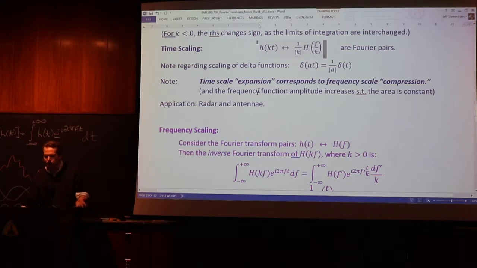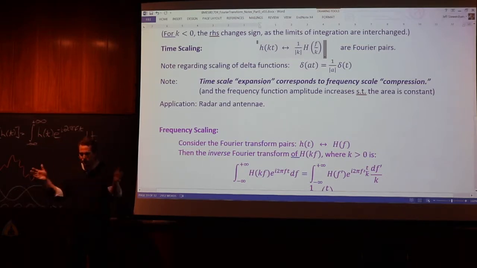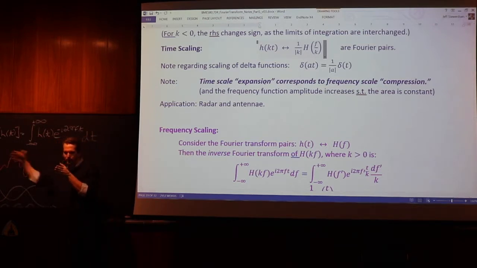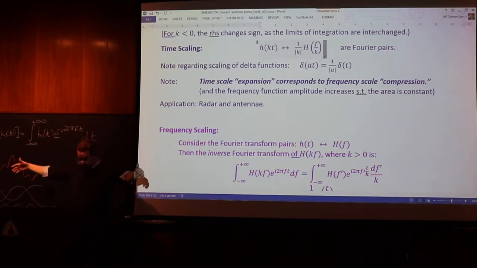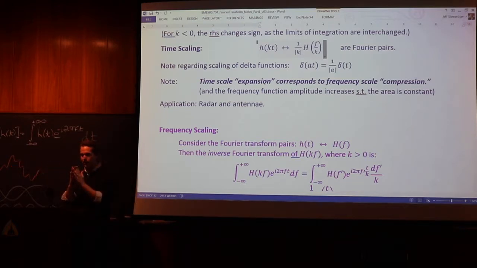So one way to say that is that timescale expansion, multiplying the argument of h of t by a number, expanding the time scale corresponds to compressing the frequency scale. So as something gets broader in the time domain, it gets narrower in the frequency domain.